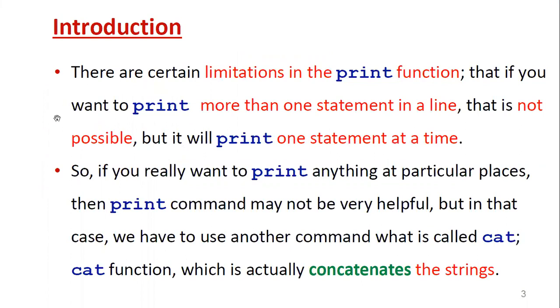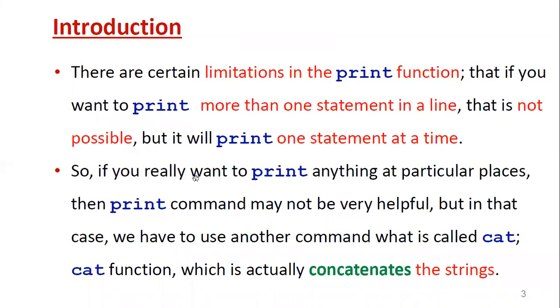You can recall that in our previous lecture we discussed the print function. There are certain limitations in the print function: if you want to print more than one statement in a line, that is not possible using the print function; it will print one statement at a time.